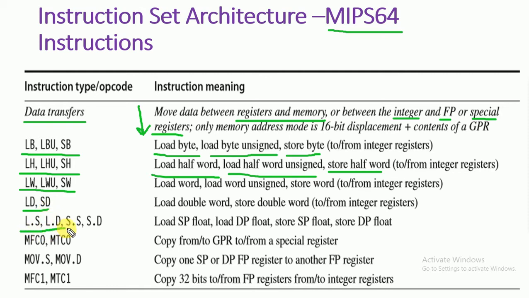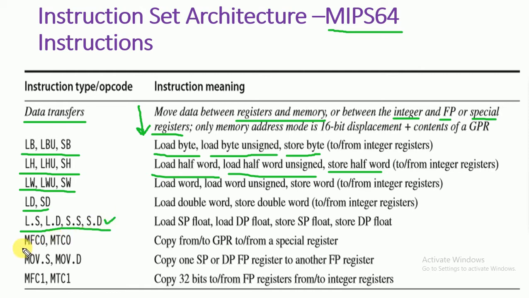Now these are a special set of instructions for floating point values. For every floating point operation in MIPS 64 architecture we use a dot symbol in between. L.S is used for loading a single precision floating point value. L.D is for loading a double precision floating point value. Similarly, store single precision value, store double precision value.